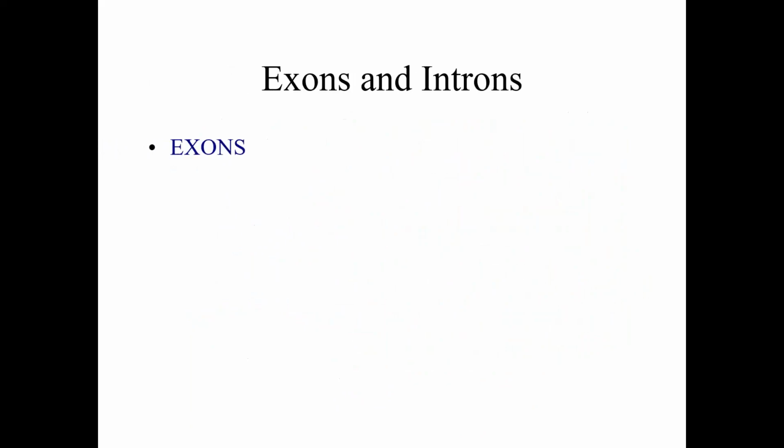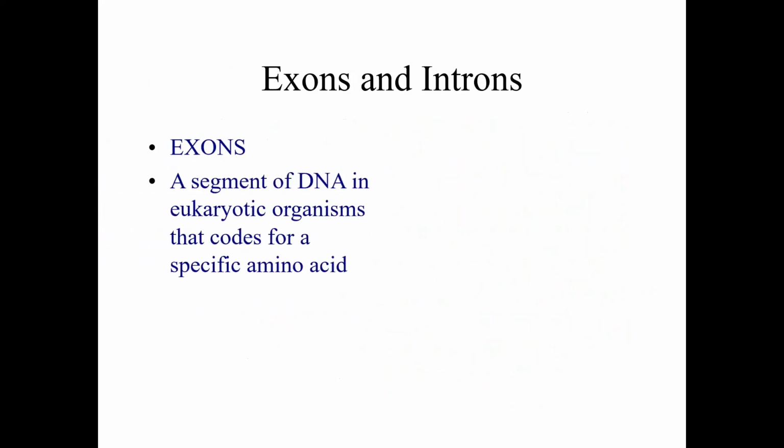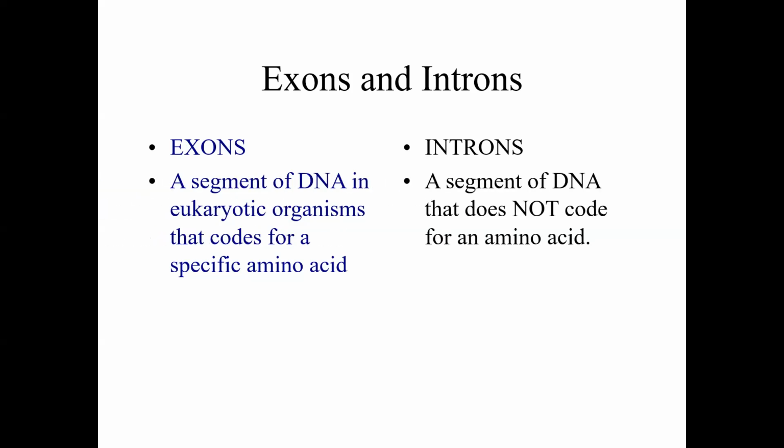Exons and introns are some other terms in molecular biology. Exons are segments of DNA in eukaryotic organisms that code for specific amino acids. That means exons are very important, giving the code for recruiting specific amino acids during protein synthesis. Introns are segments of DNA that do not code for amino acids.